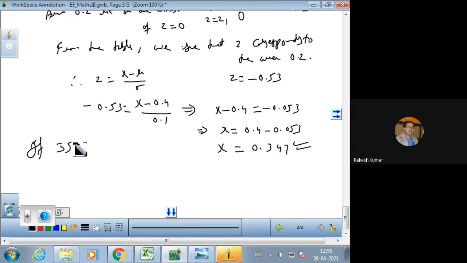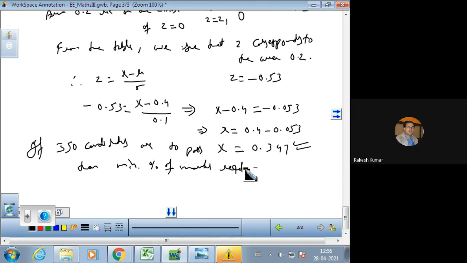So if 350 candidates or students are to pass, then the minimum percentage of marks required is, multiplying it with 100, 34.7. So you can round off the value. So 35% marks are the minimum marks if 350 students are required to pass. So this is also an important part of the question.